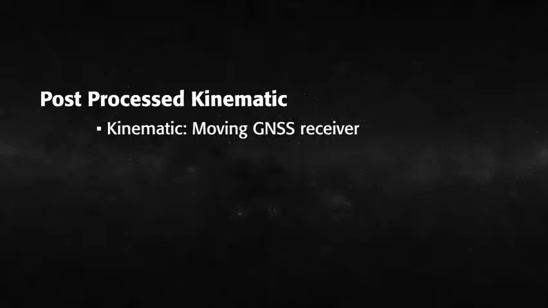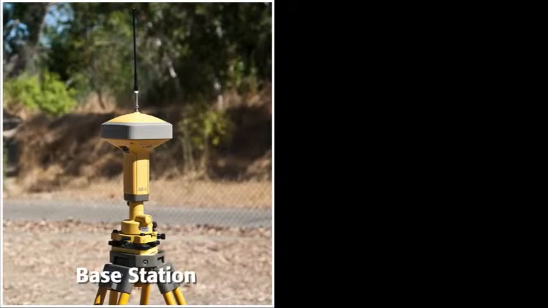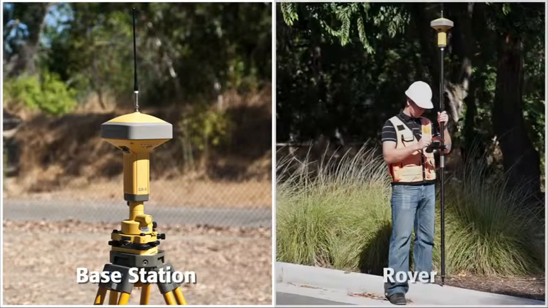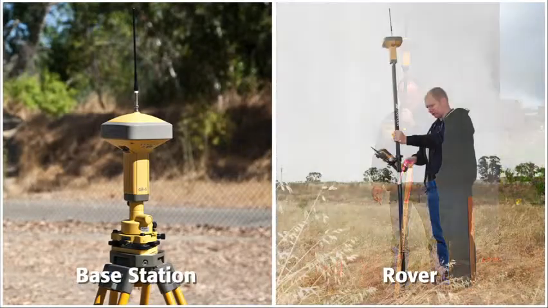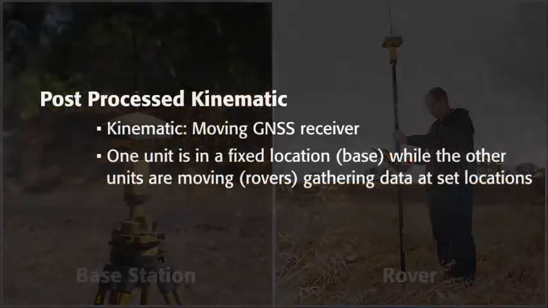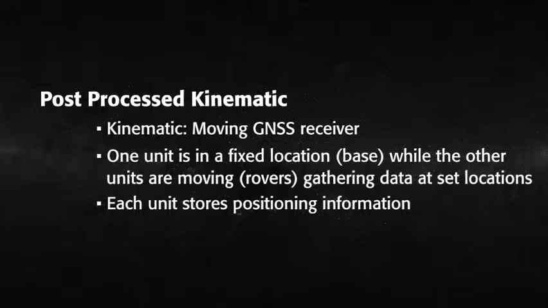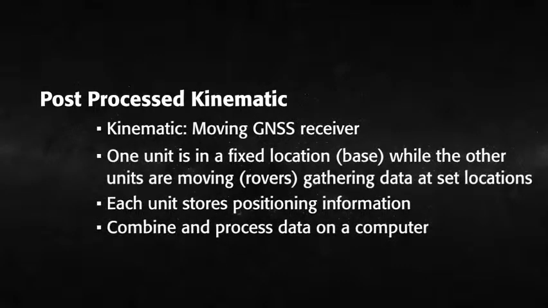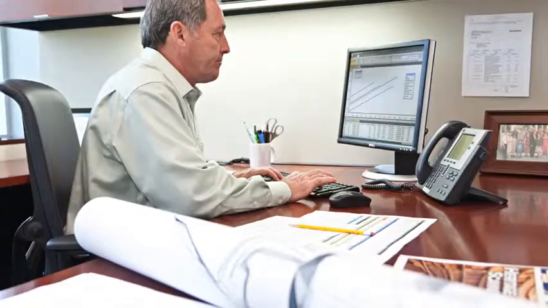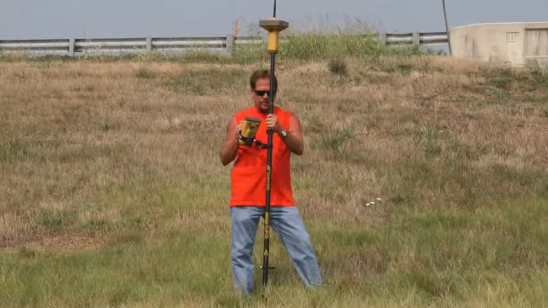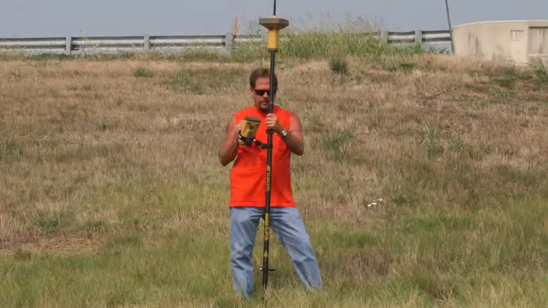In this method, one unit remains fixed, the base, while the other unit, the rover, moves around, constantly taking data and tagging only certain locations to be measured. Each unit stores all the GNSS signal and position information, and just like with static operation, all the data is brought together on a PC to process the position information in the office. This technique was typically used to collect existing ground information or topography of a given area.